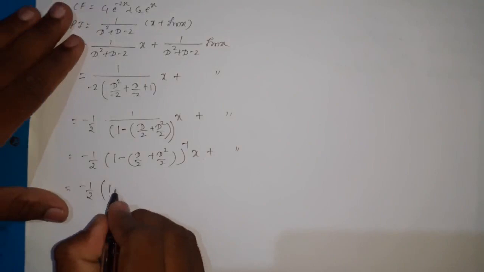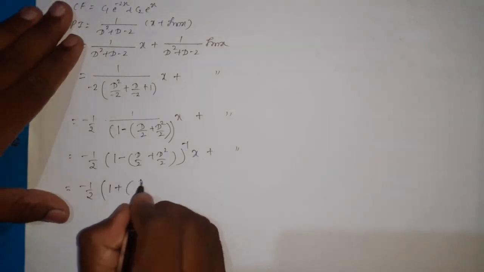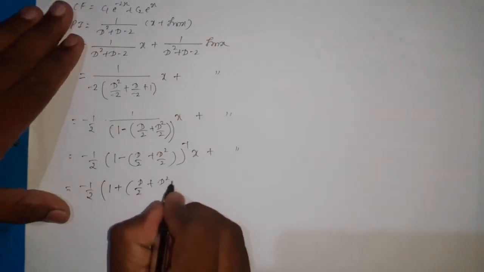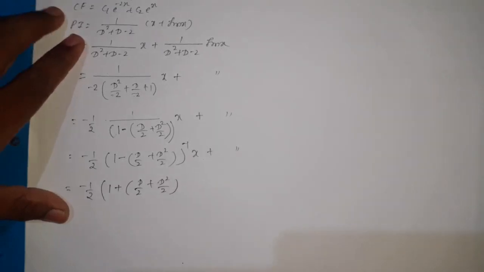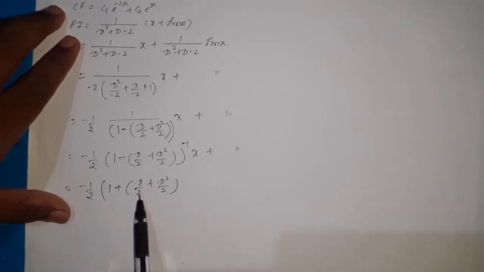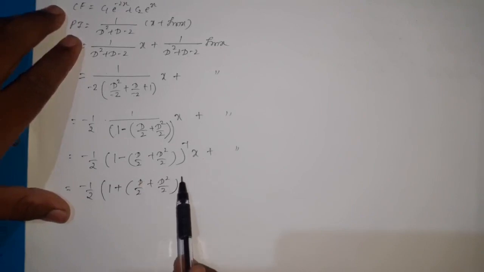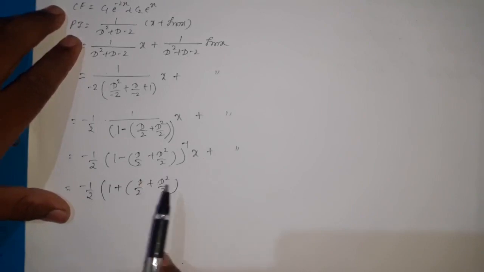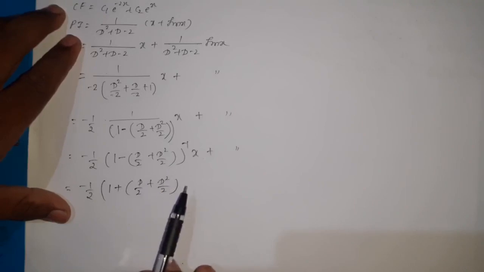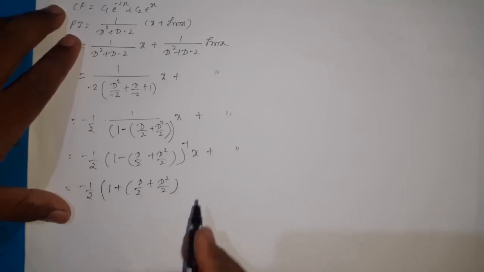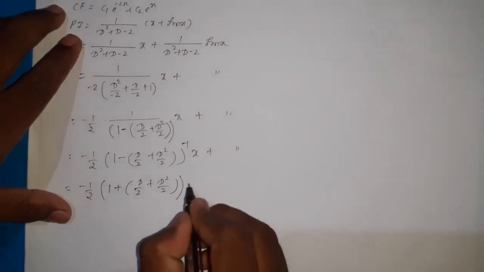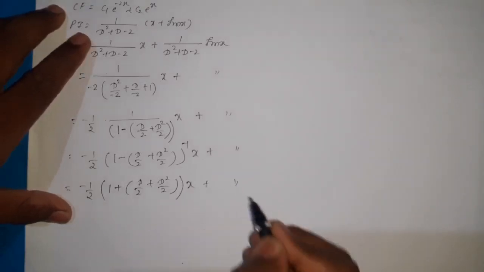So then 1 plus x term is what? D by 2 plus d square by 2. And if you consider the x square term, that becomes d by 2 plus d square by 2 whole square. So in that term also the power of d is not equal to 1, that will be higher than 1 only. So therefore stop here only, x plus.